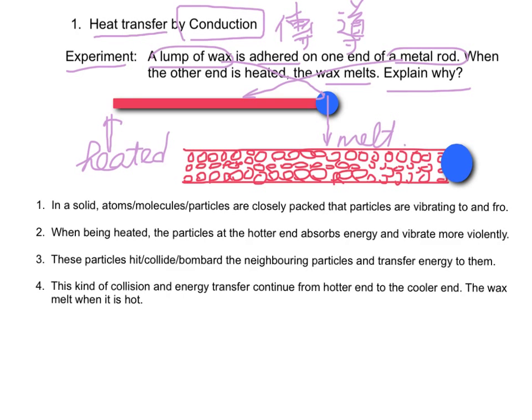Let's see how this happens. In a solid, atoms, molecules, or particles are closely packed. Therefore, the particles can only vibrate to and fro.